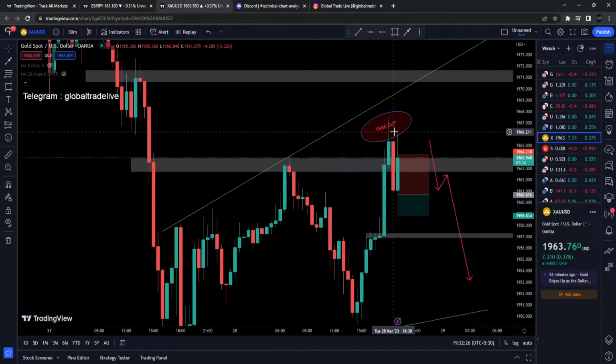That will be the only point where we can say that yes, gold might move up. Before that I really cannot say that, because according to me the fake out has been done and the market has to retrace back before moving back up.